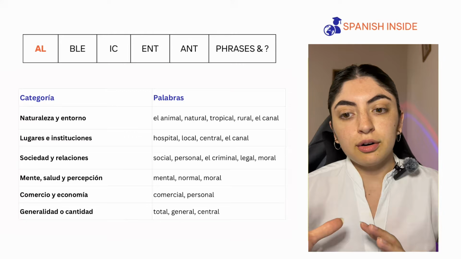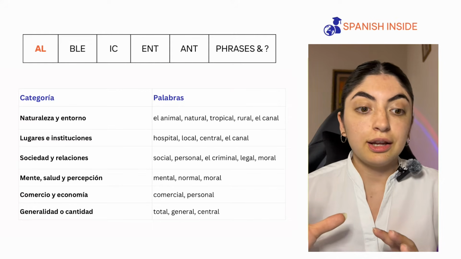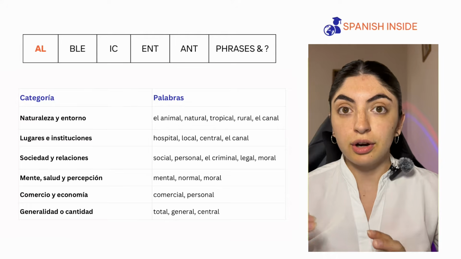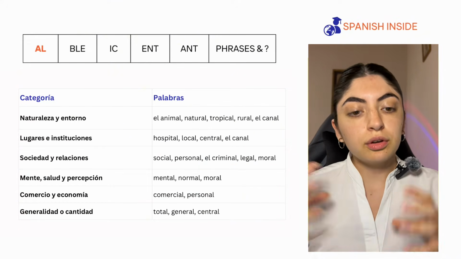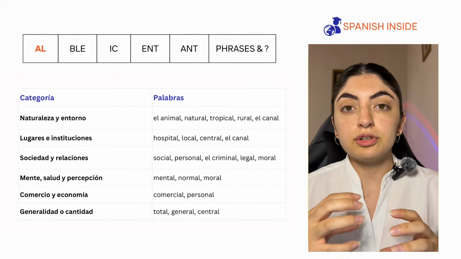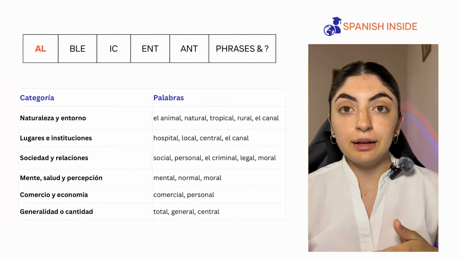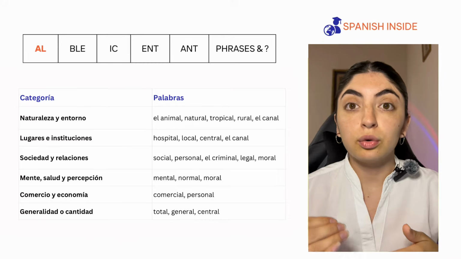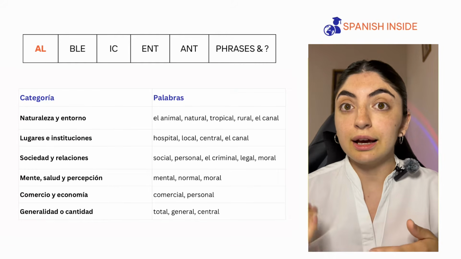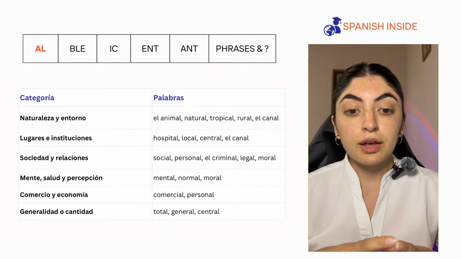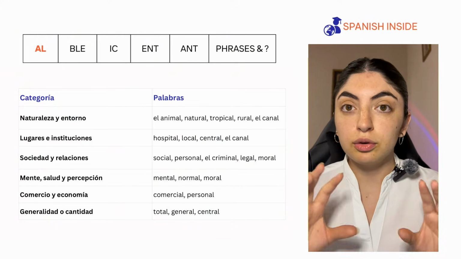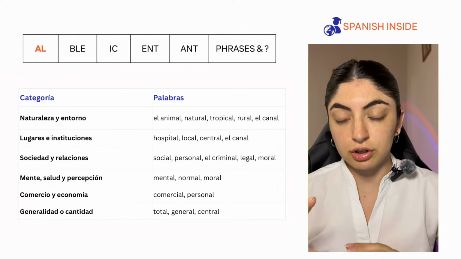Here are some examples. Naturaleza y entorno, for example, nature and environment. You can group this with words like el animal, natural, tropical, rural, el canal. So have into account that all this you are going to find in the worksheet.